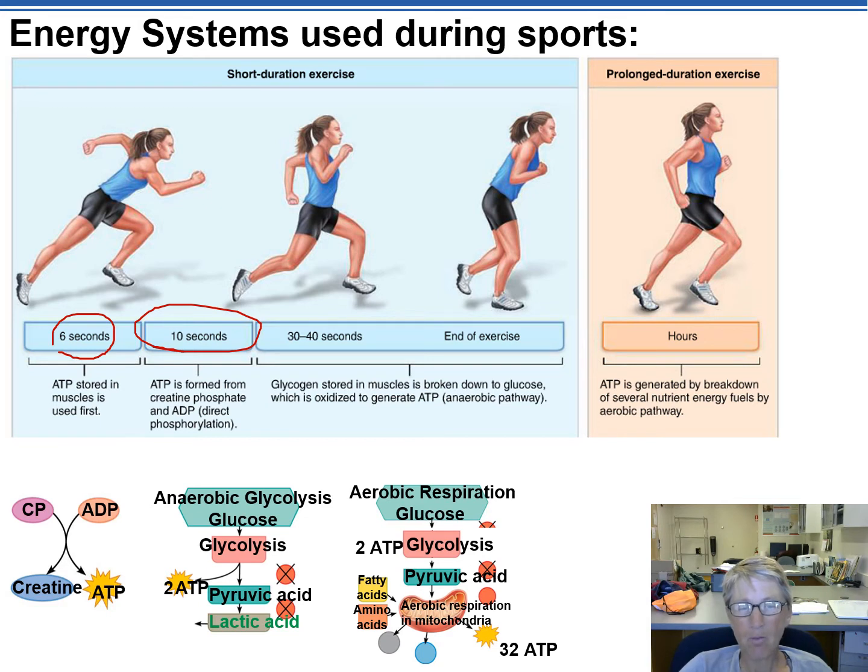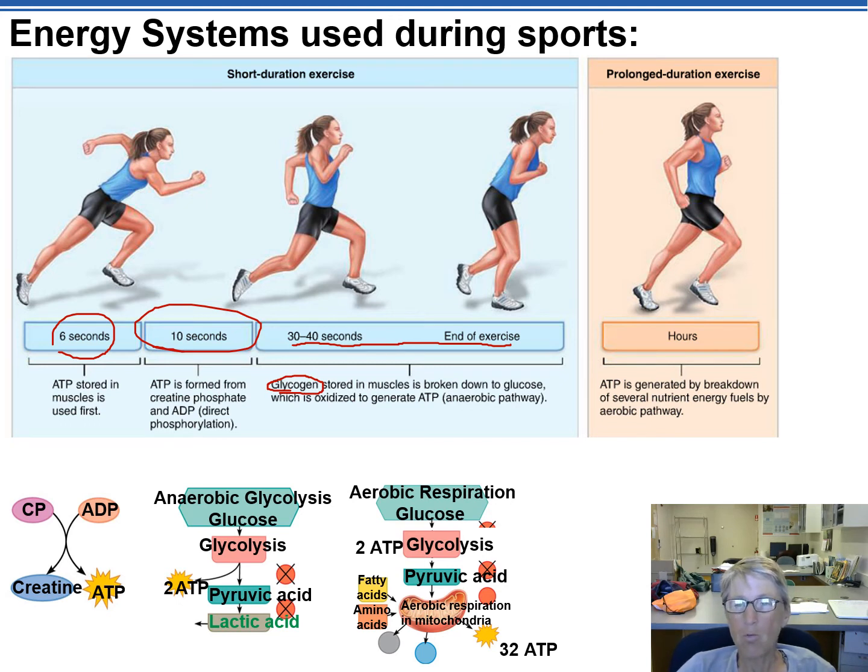And then for the next 30 to 40 seconds to the end of the exercise, remember glycogen is a storage form of glucose, so glycogen can be broken down to glucose, and then that glucose is oxidized or put through the metabolism or biochemistry to make ATP.